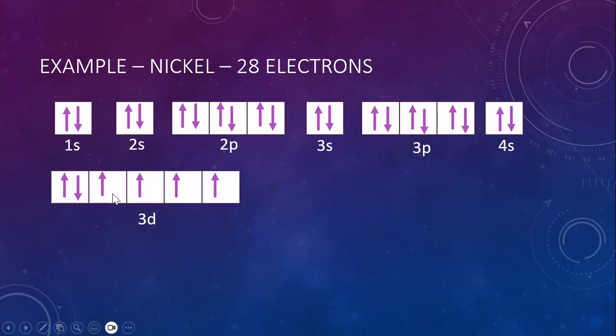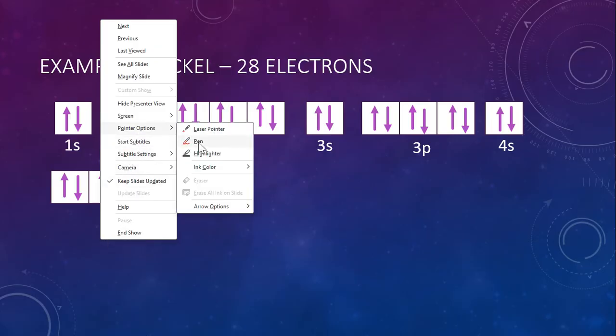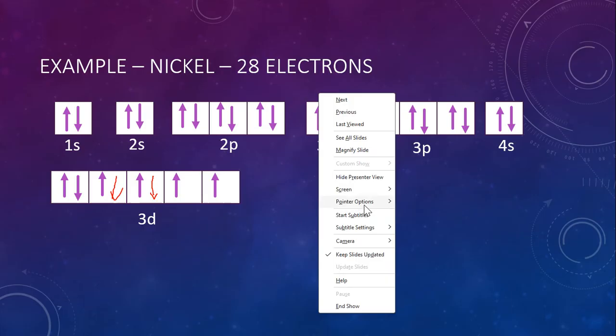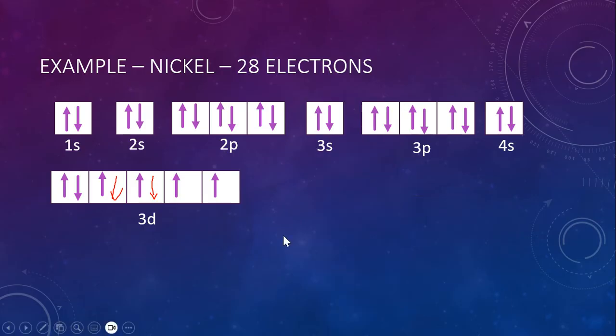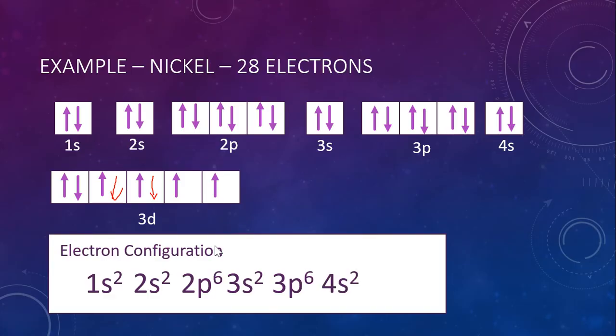Okay, so I'm going to just fix this. So there should be one more electron here and one more electron here, which will show up nicely on the next slide. So the electron configuration for nickel would be 1s2, 2s2, 2p6, 3s2, 3p6, and 4s2, and then 3d8.